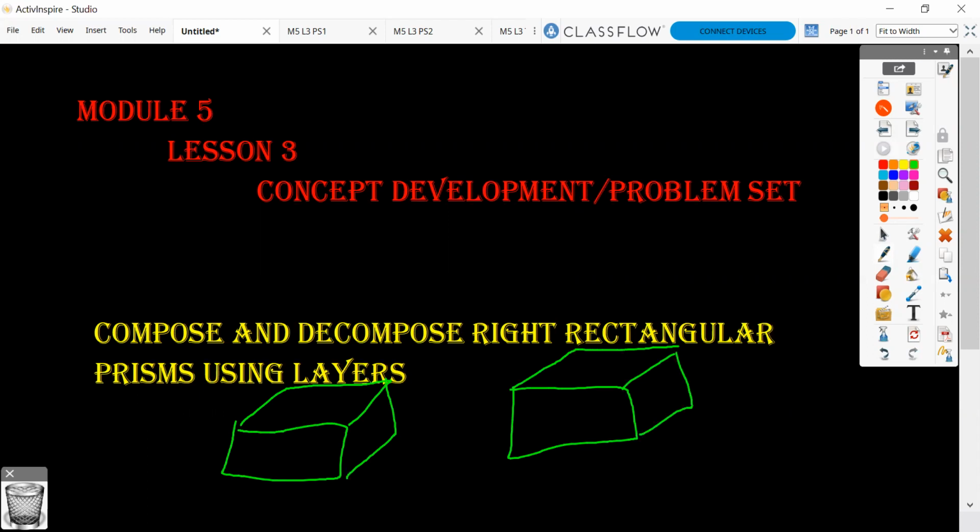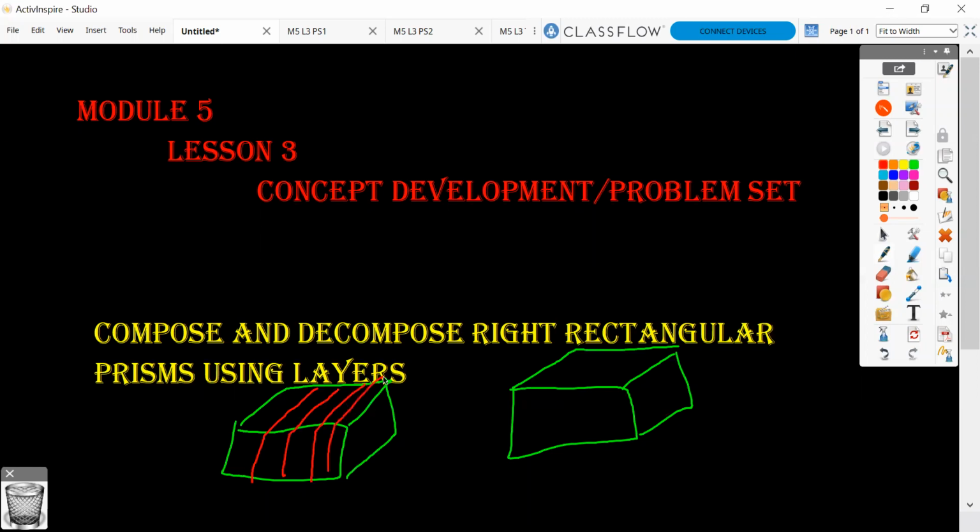So when we have our rectangular prisms, we can cut them in layers in a couple different ways, right? We could cut it like a loaf of bread, with slices like that.